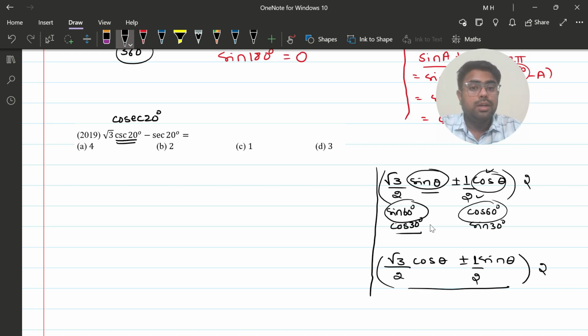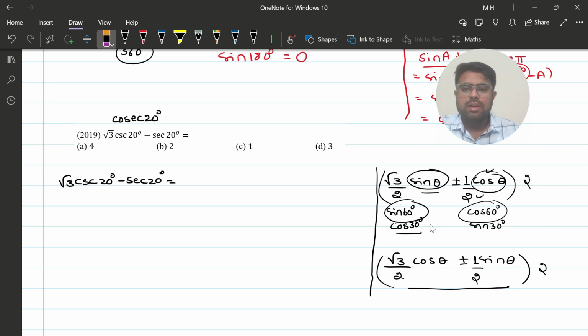But what if you have cosec and sec? Of course, you can convert them into sine and cos. So root 3 cosec 20 degree minus sec 20 degree: I'll write cosec as 1 by sine 20 degree and sec as 1 by cos 20 degree.